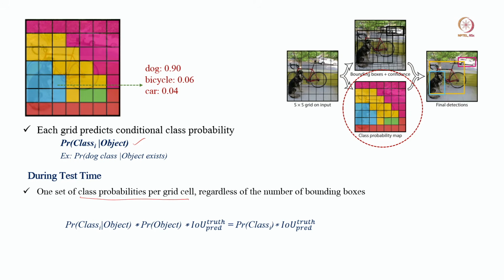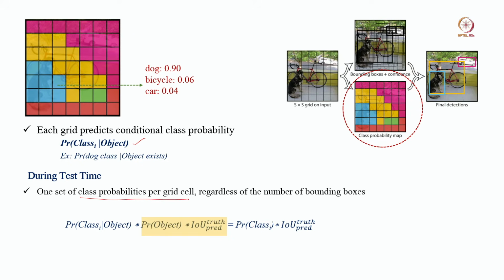And how do we calculate it? Probability of class I given the object, times the probability that there is an object, times the IOU score between the ground truth and the predicted, which is equal to probability of class I times IOU between truth and the predicted. This is the formula that is used for class probability calculations.